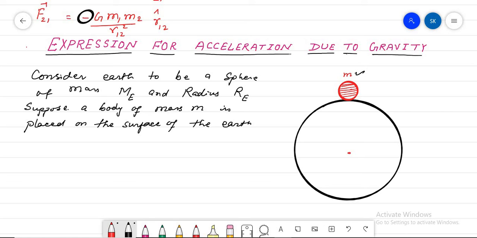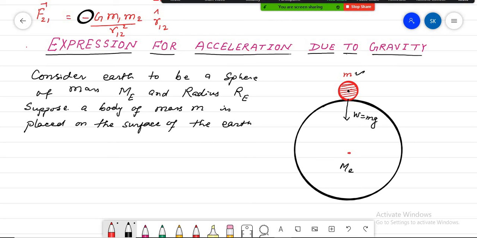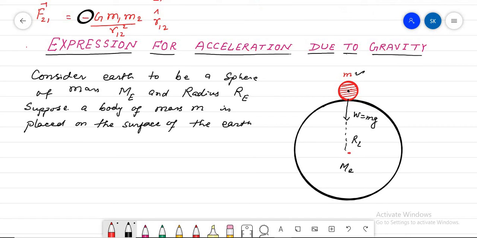The mass of this earth is ME, and obviously the weight of the body acts vertically downward, and this weight you can write here W equal to mg, and the radius of the earth is represented as RE.